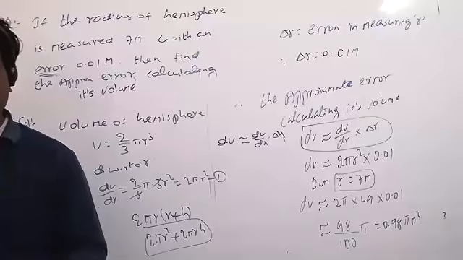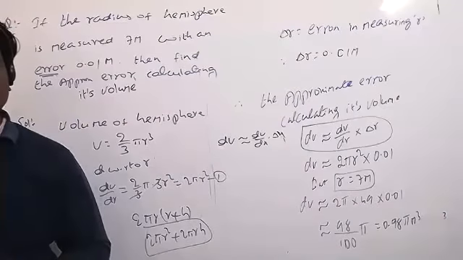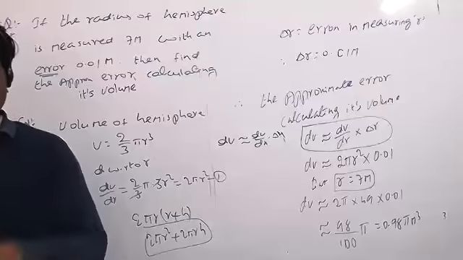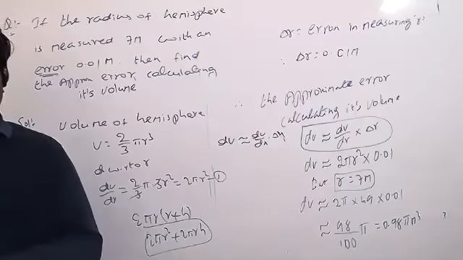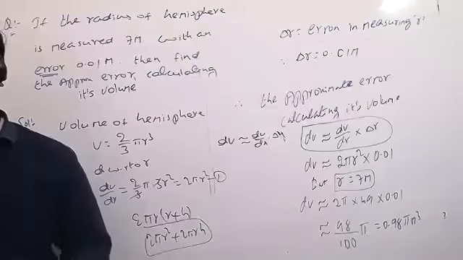But the sphere has only one surface, 4 pi r square, because it is a round shape. Curved and total surface area are the same.